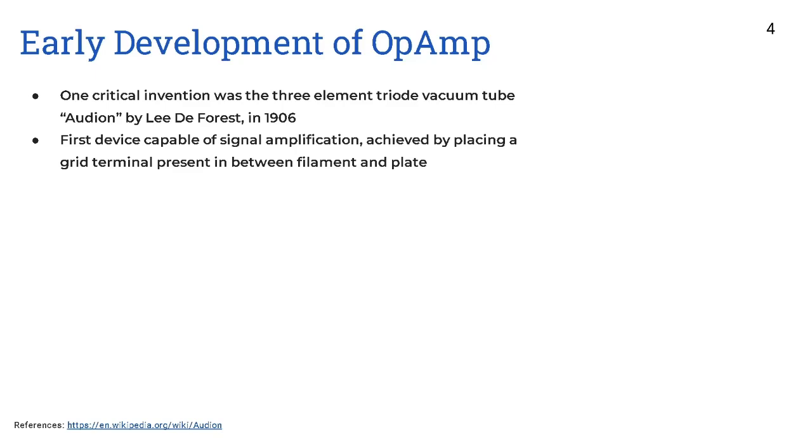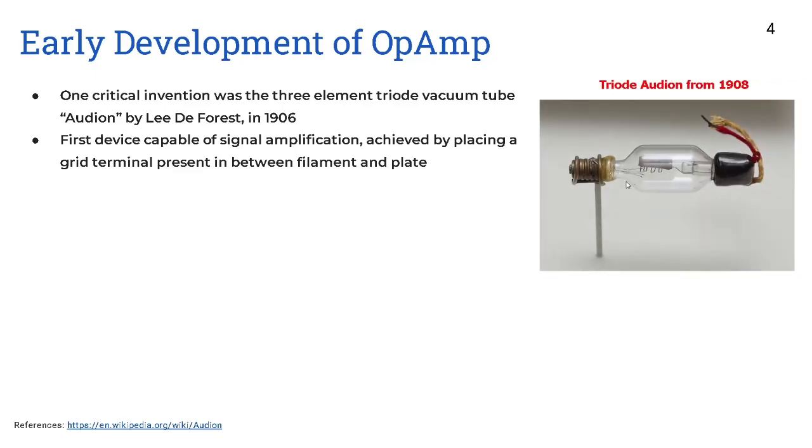Based on that design, Lee de Forest designed this three-element triode vacuum tube, and as you can see, the triode Audion vacuum tube here has three terminals: the filament, the grid, and the plate. The filament terminal in this picture is on the left side, and the grid and plate terminals are on the right side. There is a small grid in the middle, which is the controlling terminal.